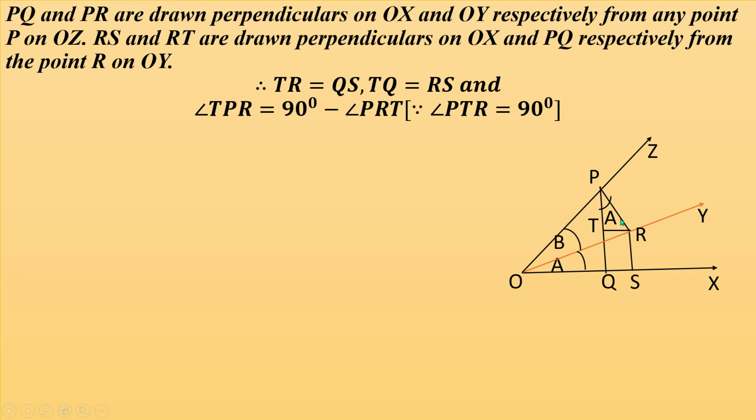So 90 degrees minus this angle, that means PRT, we can write angle TRO as the total angle 90 degrees. Clear everyone? But TRO is an alternate angle to ROQ or ROS or ROX or YOX, this is equal to A. So angle TPR is equal to angle A. Clear? Now follow the explanation.